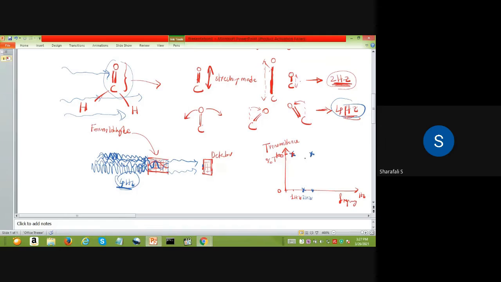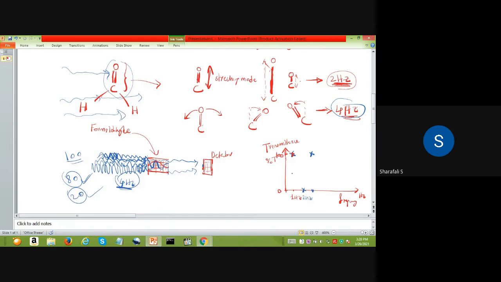If you are sending 100 photons from here, some 80 photons may interact with this carbonyl group and 20 photons may not. The 80 which interacted will get absorbed. The remaining 20 will not have any effect from the sample, so they will come out and be detected at the detector end.